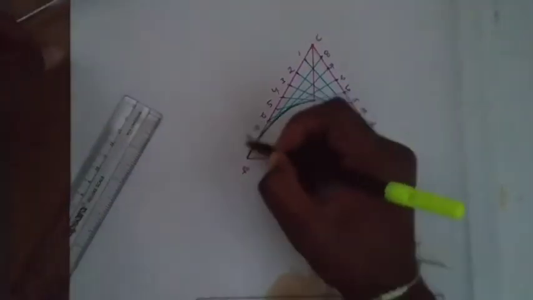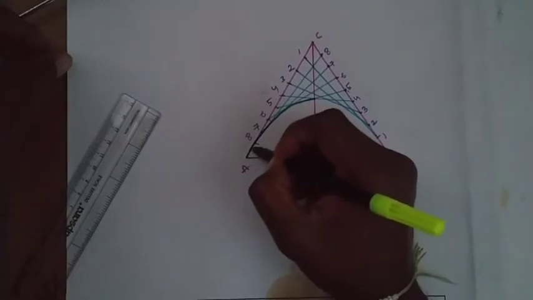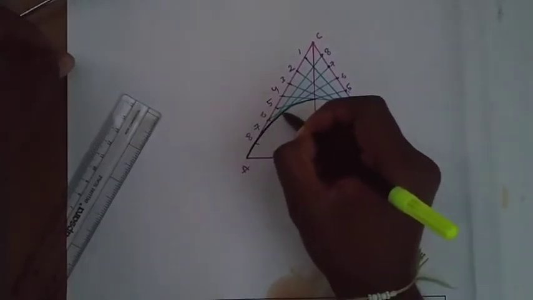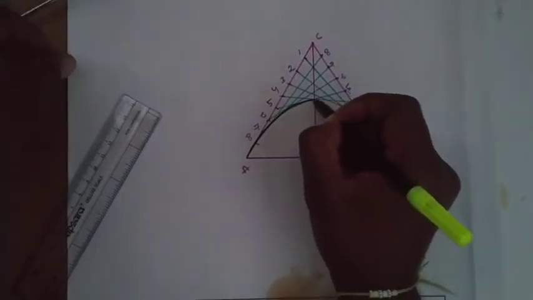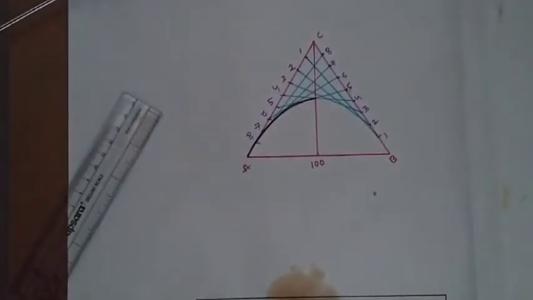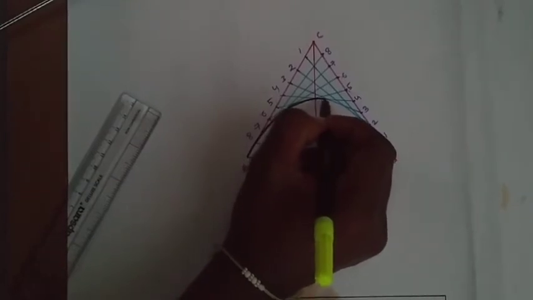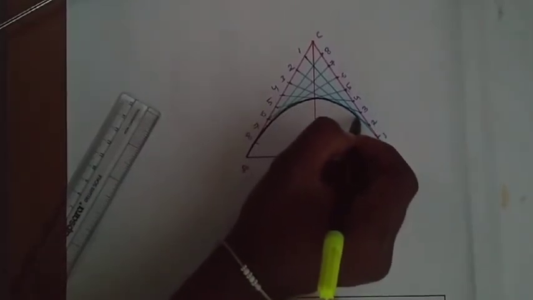Observe carefully: from A, draw a curve passing through these straight lines' intersection points. That means the intersection points are tangents of the parabola. Draw a curve passing through all these intersection points.